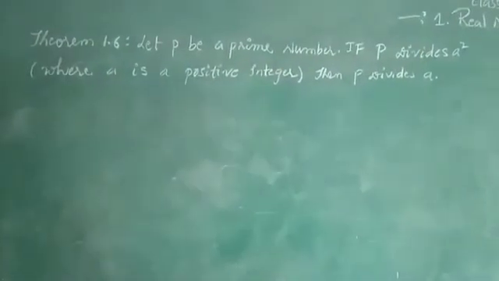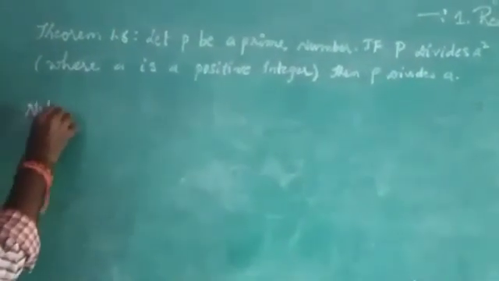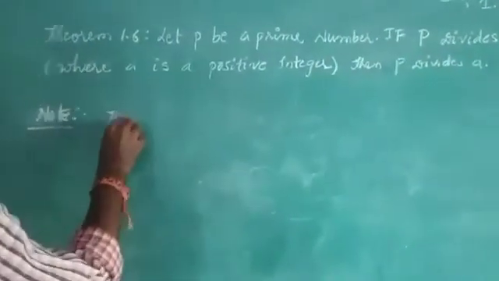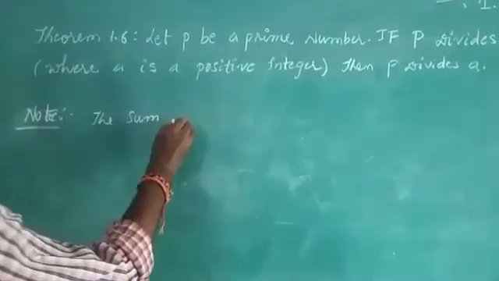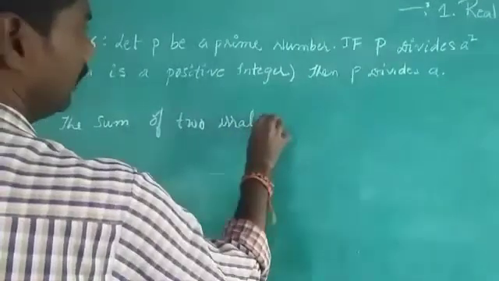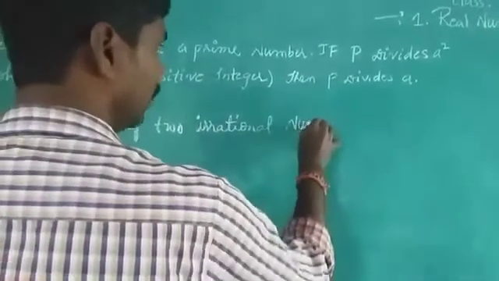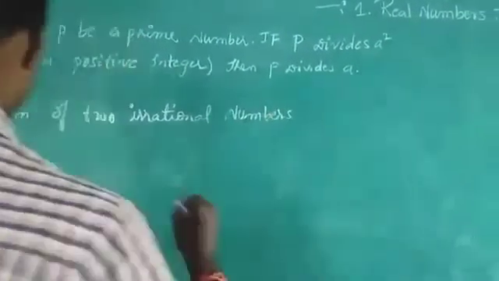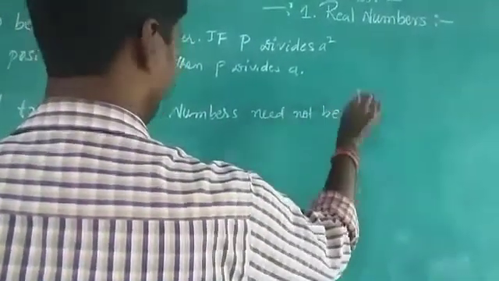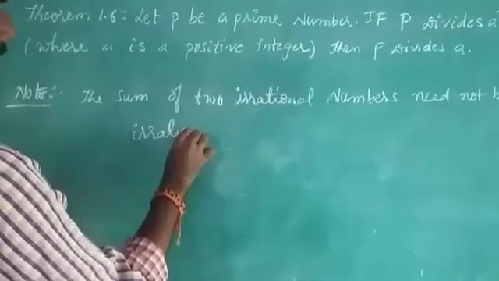Then I would like to tell you one important note. Let me write it on the board. The note is: the sum of two irrational numbers need not be irrational.